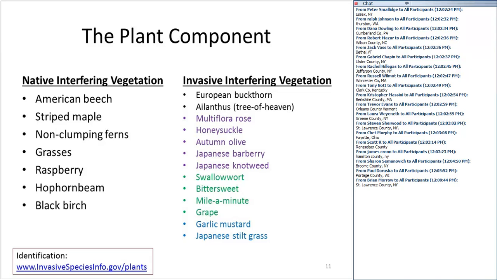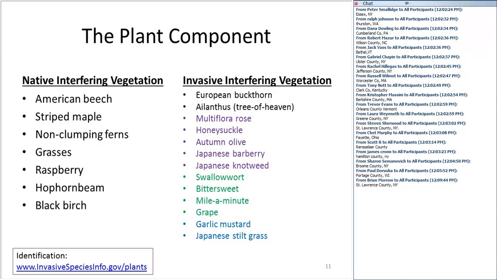It needs to be non-native, and the state has been, I'll say, flexible in what they consider native, whether native to North America, the United States, or New York. However it's selected, it's non-native at some level.